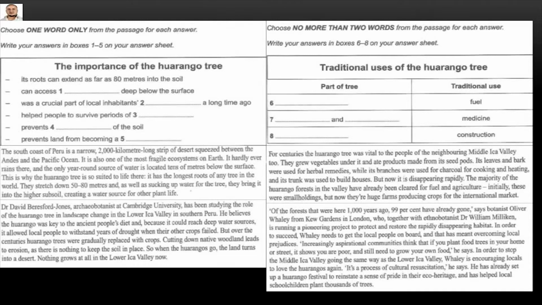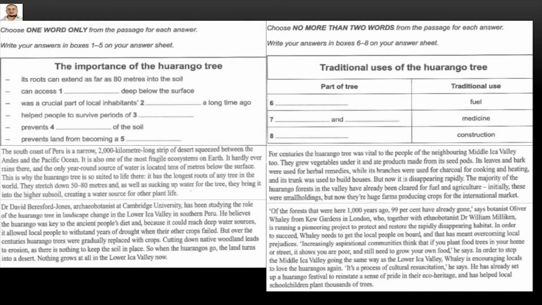Okay, we have: the south coast of Peru is a narrow 2,000 kilometer long strip of desert squeezed between the Andes and the Pacific Ocean. It's also one of the most fragile ecosystems on Earth.